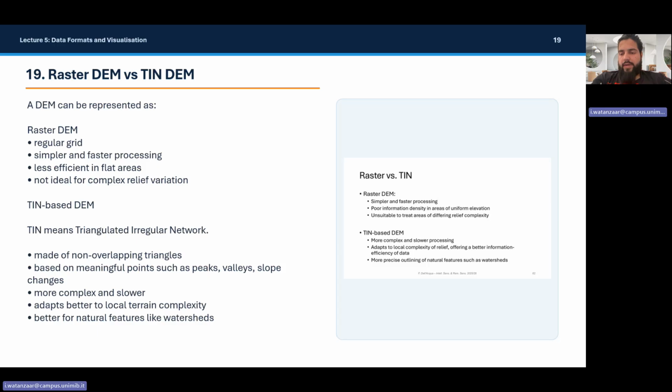It's more complex and slower because this is using and processing much more data, but it adapts better to local terrain complexity, so it can adapt very easily, and it's better for natural features like watersheds. So this is a short and quick difference between the TIN DEM and raster DEM.